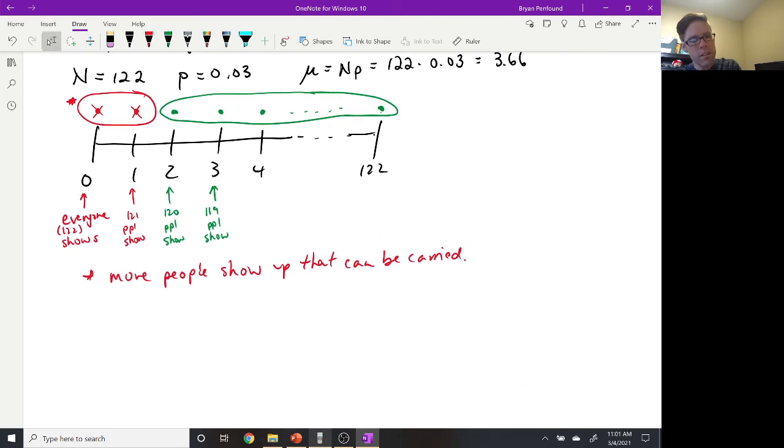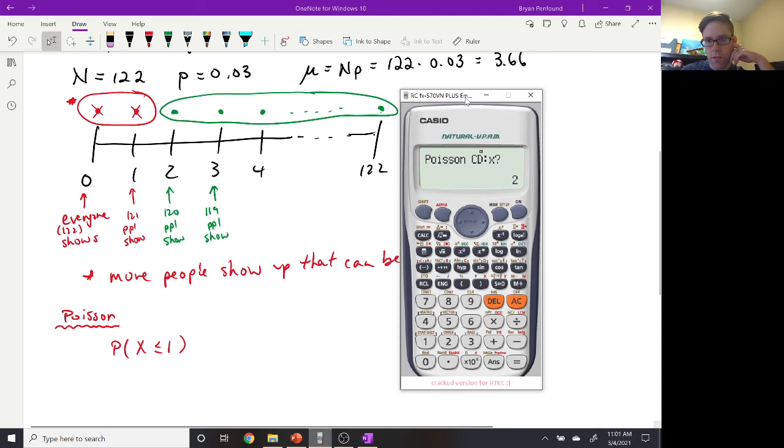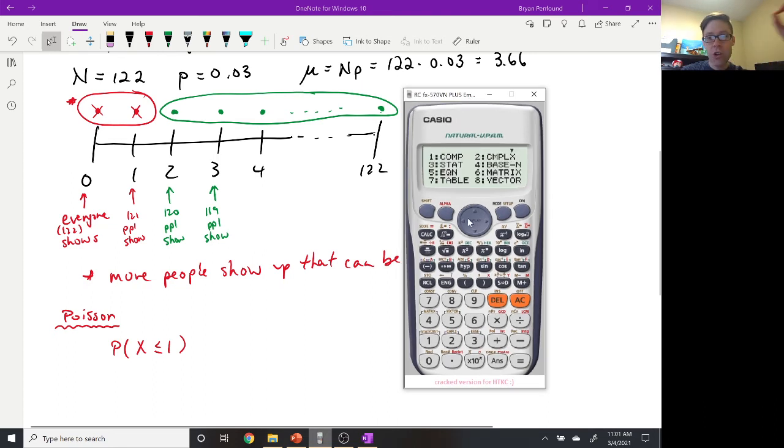Okay, so in other words, if we would like to use the Poisson distribution, we are going to calculate the probability that x is less than or equal to 1 using our calculator. We should be able to do this in a relatively straightforward fashion with the cumulative distribution function.